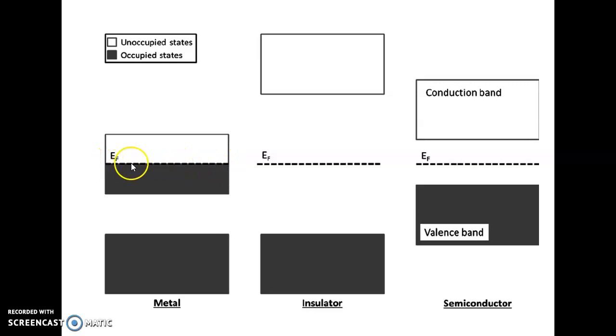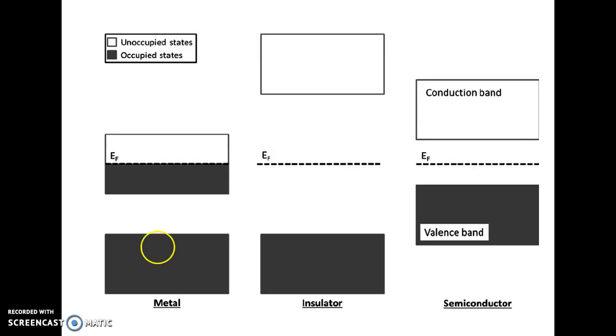The maximum energy level occupied by the electron at 0 Kelvin. So in metal, the Fermi energy level lies here. This is the Fermi energy level for metal. This is how you can differentiate a metal: fully filled valence band, partially filled conduction band, or you can say that the valence band and conduction band overlap with each other.